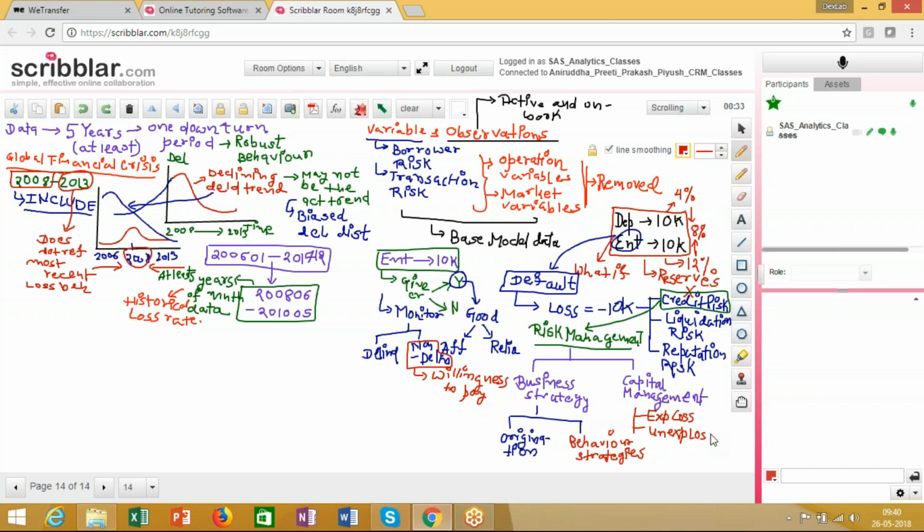And the third that I have is the potential loss. So these are losses which may occur, but have very rare chances of occurring. But if they do occur, they may take the bank to crash. They may actually cause the bank to crash.